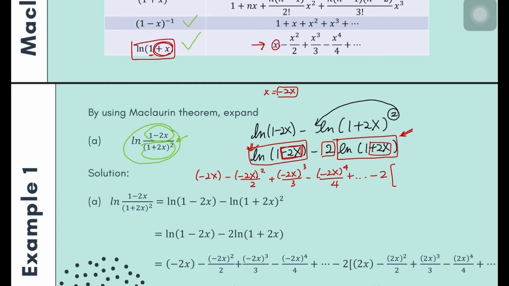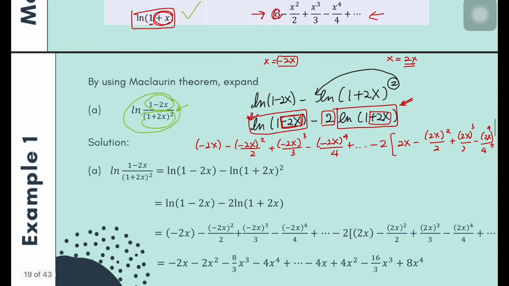So let's note your x now is 2x. You will use this expansion, but replace your x with 2x. So you will have 2x minus (2x) to the power of 2 over 2, plus (2x) to the power of 3 over 3, minus (2x) to the power of 4 over 4, plus dot dot.